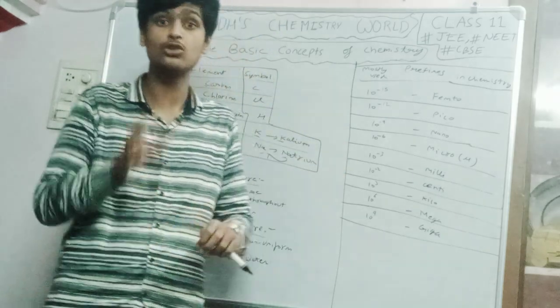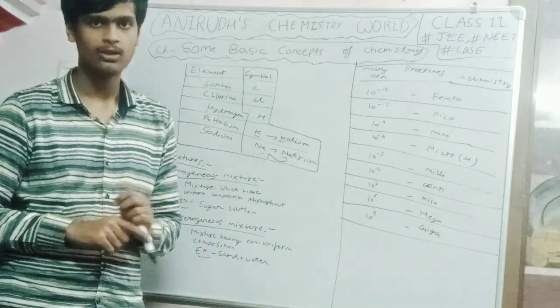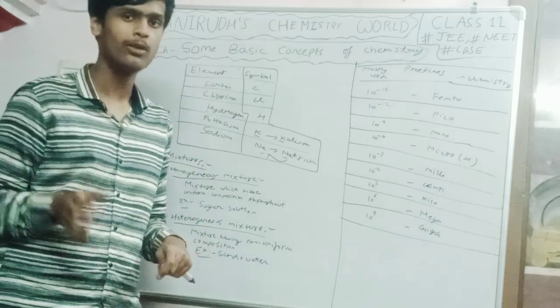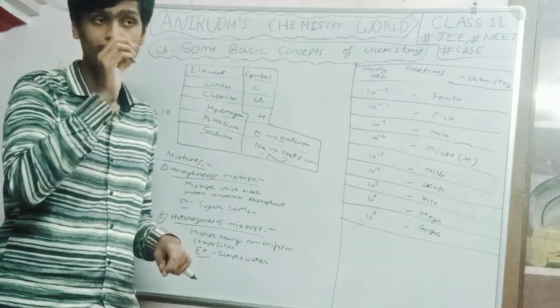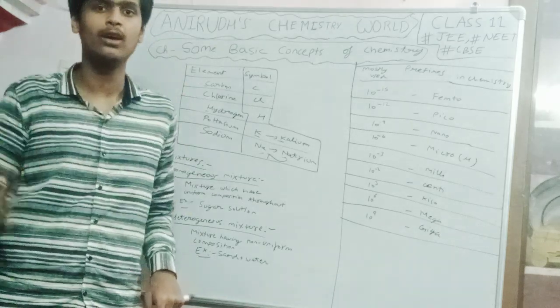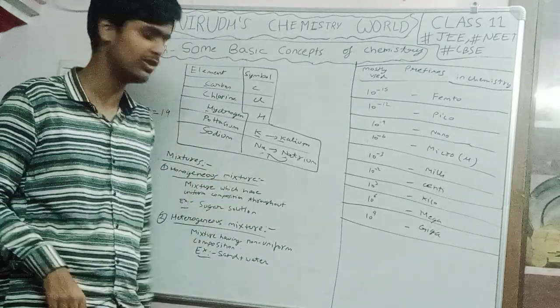If you observe the sugar solution, what is sugar solution? Adding sugar to the water and stirring it well, where you will never notice even a single crystal of sugar. It will be uniformly spread out. The best example of a homogeneous mixture is sugar solution.